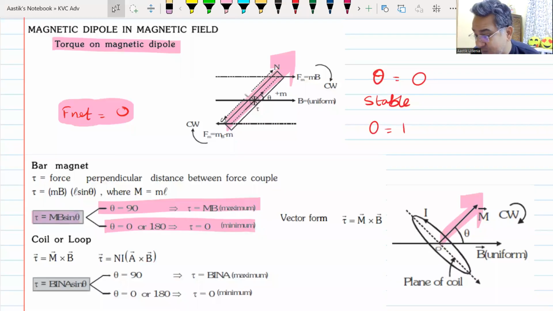Now, if you replace the magnet by a magnetic dipole, everything remains the same because a current carrying coil behaves like a dipole. Whatever we do for a magnet, the same thing is valid for a magnetic dipole. I'll give you 2 minutes to note this down.